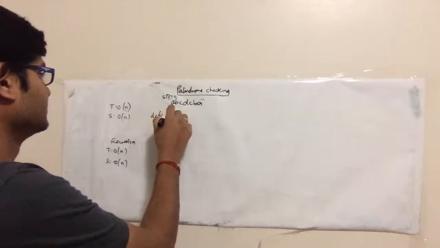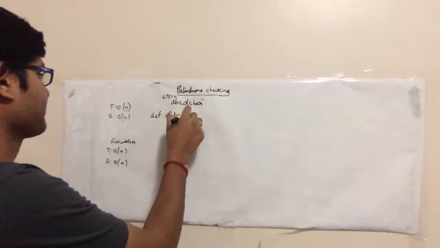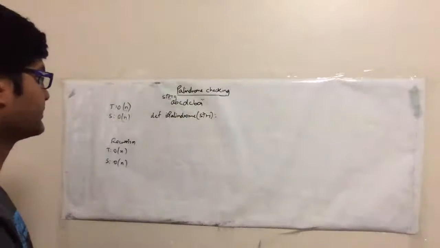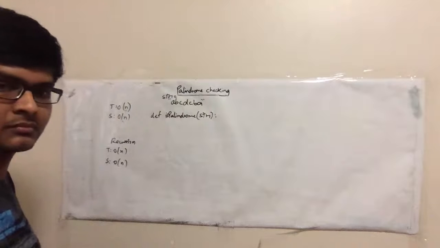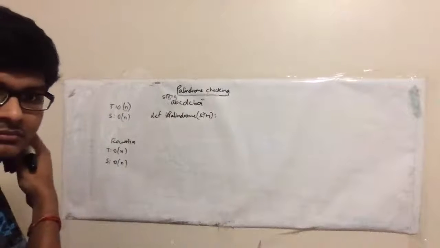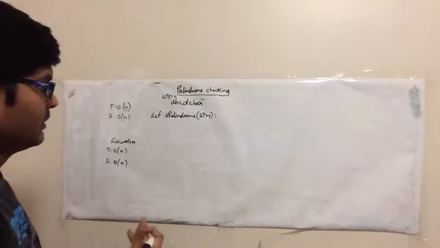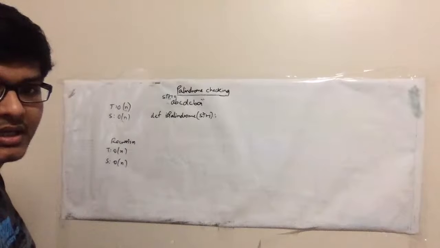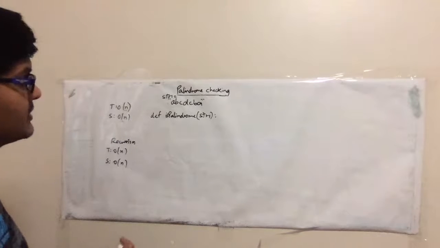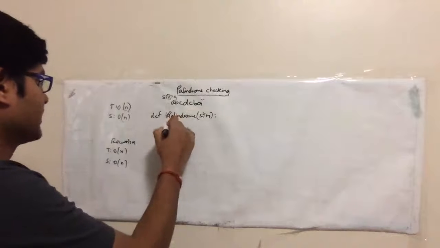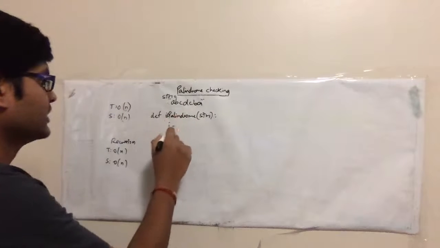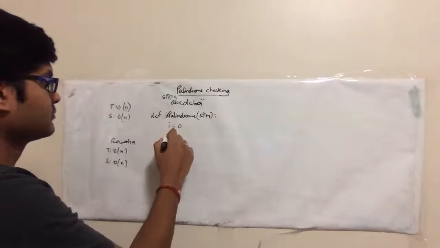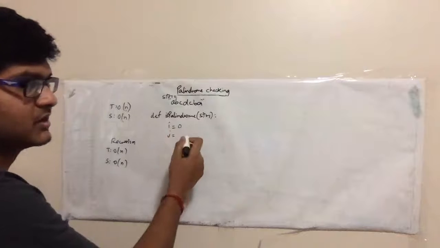So the definition is palindrome, which will take this string one, and for this I think we can just put it like this: for i equal to the initial index, i equal to 0, j equal to, what is j, the last character.